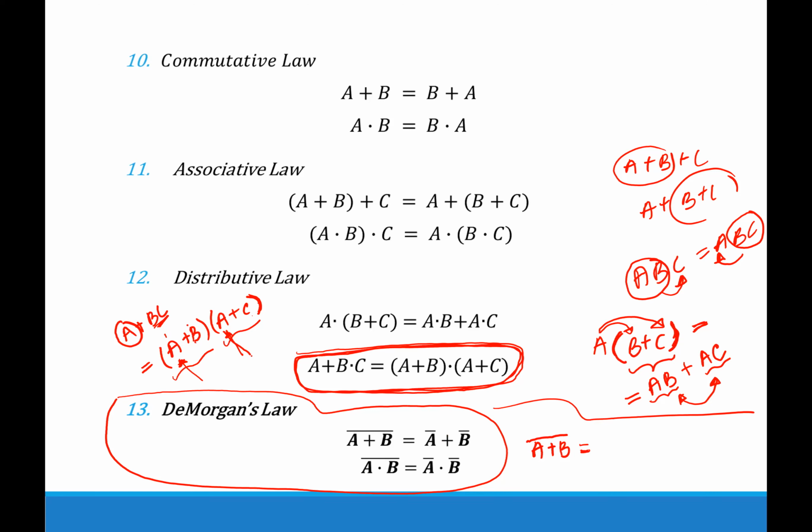Remember that in De Morgan's law, this one becomes multiplication when we convert that into a different expression. Here we have the complement of A plus B. So we get the complement of A and the complement of B. In this case, we change our operation into multiplication. Here I made the mistake.